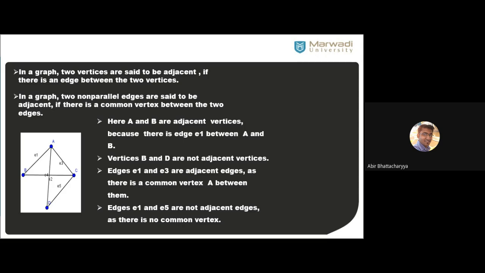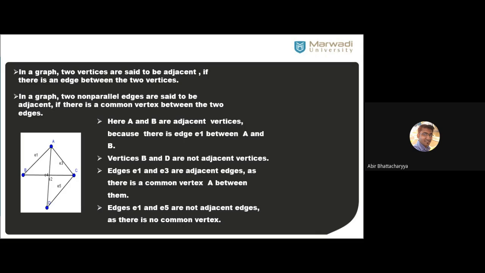So the thing is that, as Burhanuddin mentioned, two vertices are said to be adjacent to each other if they're connected by one common edge, and two non-parallel edges are said to be adjacent to each other if there is a common vertex, right? So you can give examples. Now the question is, what is the necessity of saying these things again?